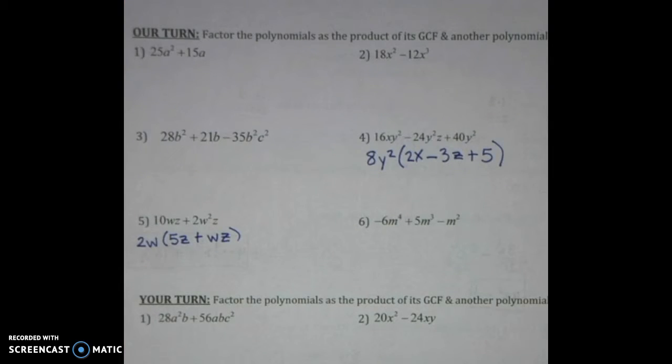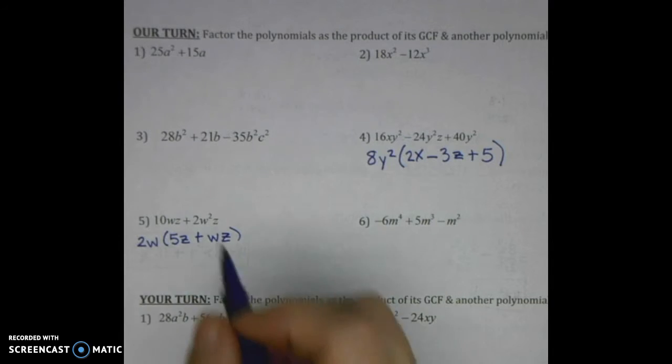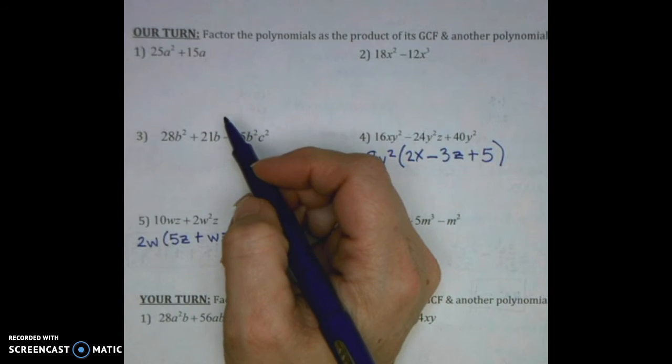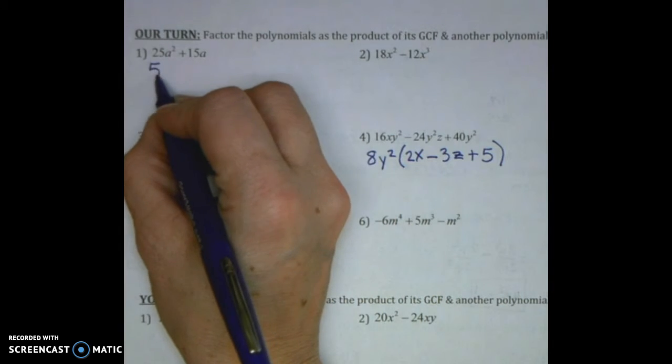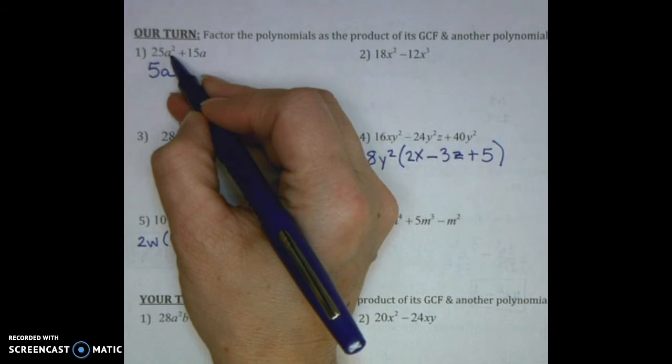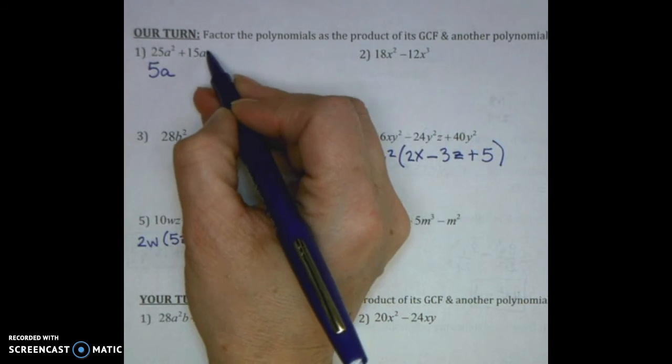You can fill out your notes the rest of the way, following along with me, or you can try to do the rest of the our turn problems on your own and then check back in to see if you got the correct answers. So I'm going to take a look at number 1 now. 25a squared plus 15a. I know that I can take 5a out of each of those. I can take a squared out of the first term, but I can't take a squared out of the second term.